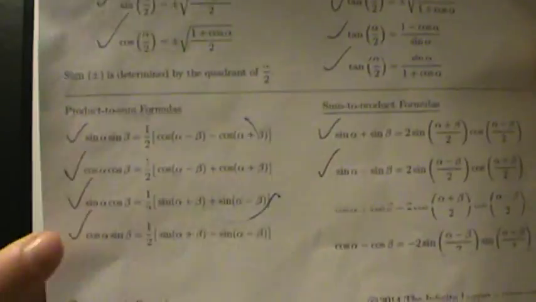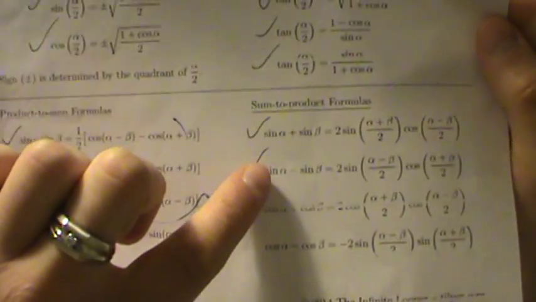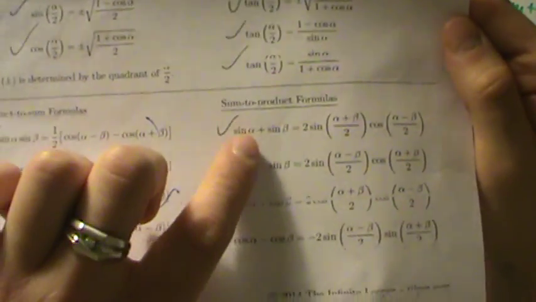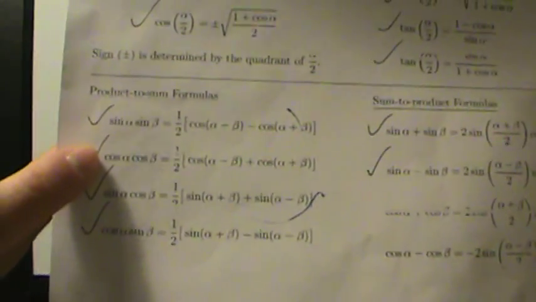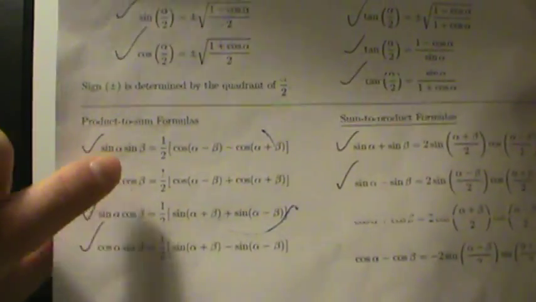We could have used this fourth one here to get the second sum to product formula, but instead we just used the odd property of the sine function. Now what we're going to do is use this cosine alpha cosine beta formula to get one of our others. Basically, we're just going to use these first two product to sum formulas to get the other two sum to product formulas.